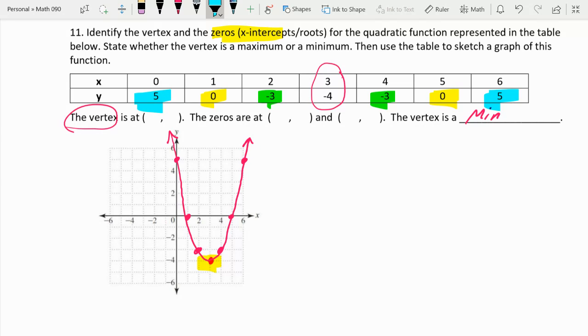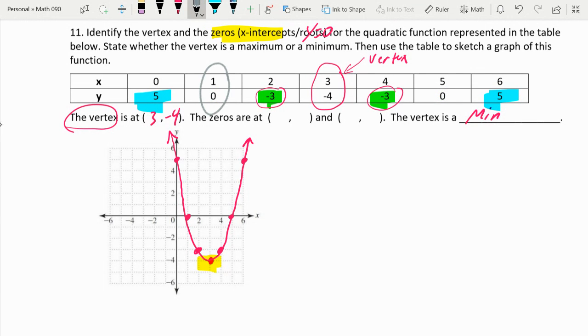So when you're given a table and they ask you to do this, look for patterns. That's the thing I noticed here: this one and this one were exactly the same. So instantly I'm saying, there is my vertex. So my vertex is 3, negative 4. My zeros. Remember I told you the zeros are when y is equal to 0.